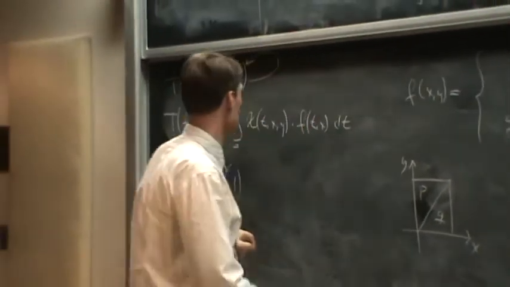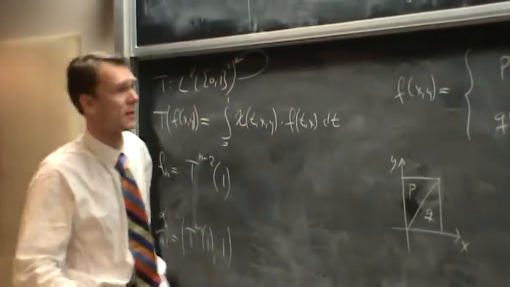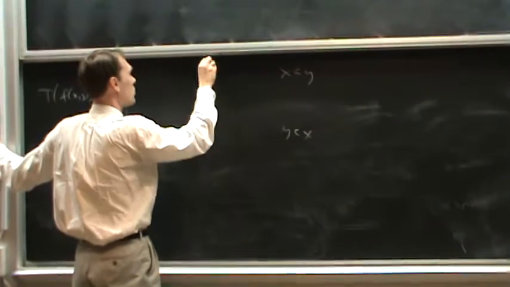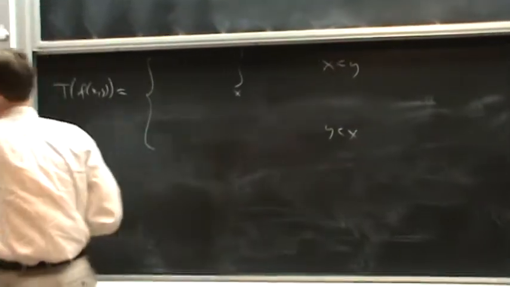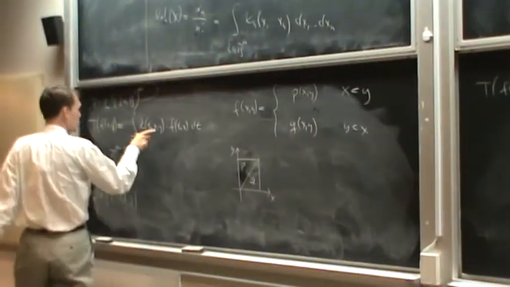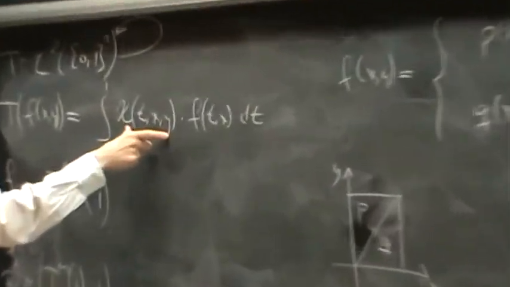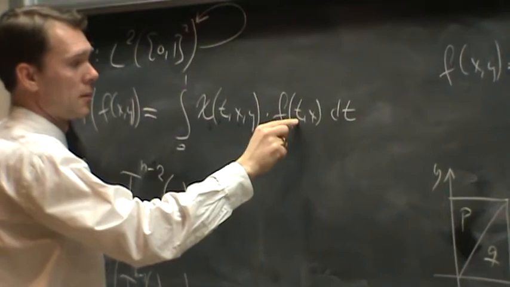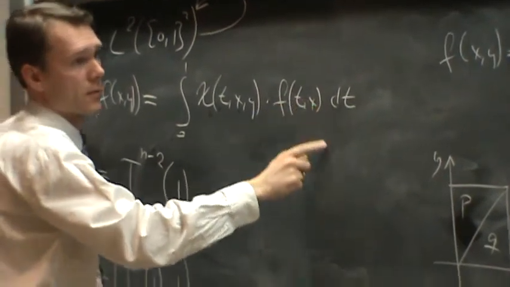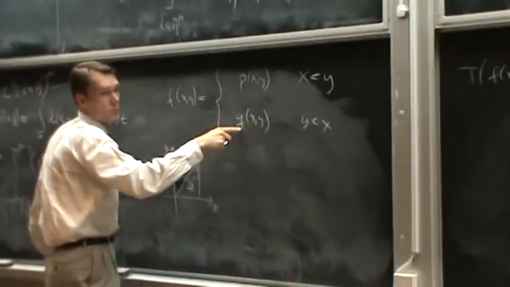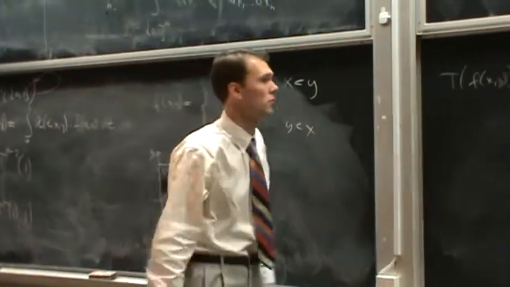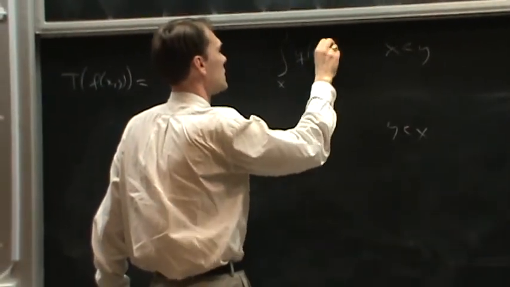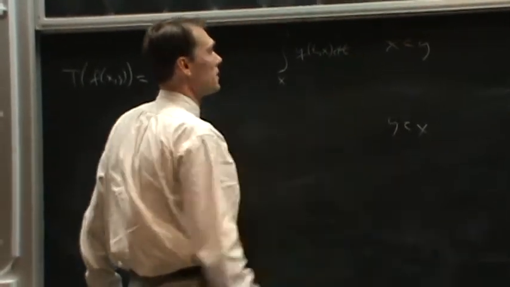And then I'm integrating over t, so it means I'm integrating t from x to 1. Then this function, the chi function, is 1, and I have t greater than x. That means I have to put in the q part. So I get q of t, x dt.